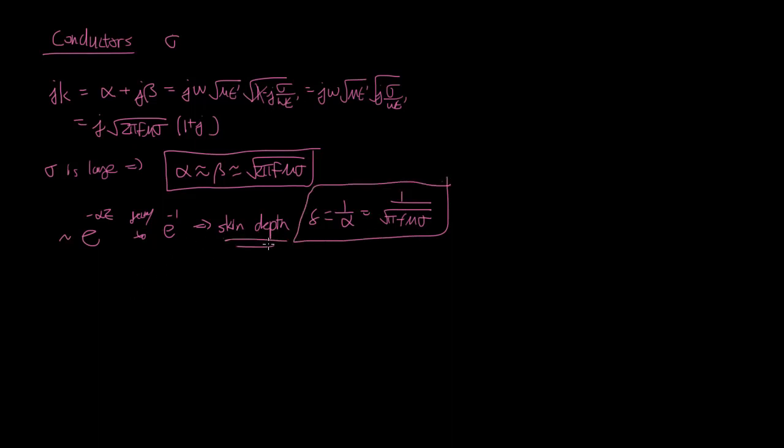So we've introduced the concept of the skin depth, which is basically just saying if I have a conductor here, which is very grumpy and doesn't really like any waves to go in, and a wave tries to go inside, it's going to decay. And if you say I only care up to the point where it decays by a factor of e to the minus 1, then that is going to be my skin depth, delta.